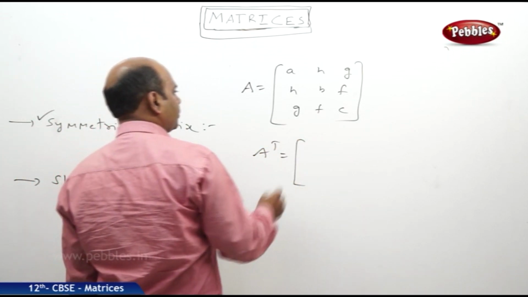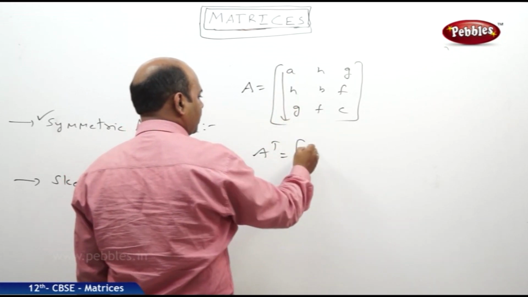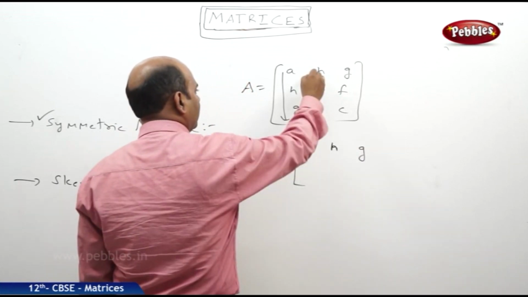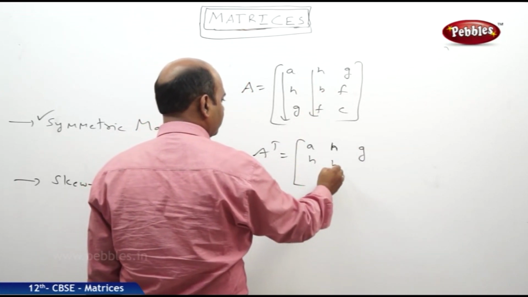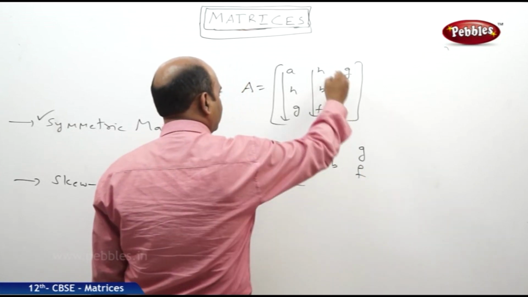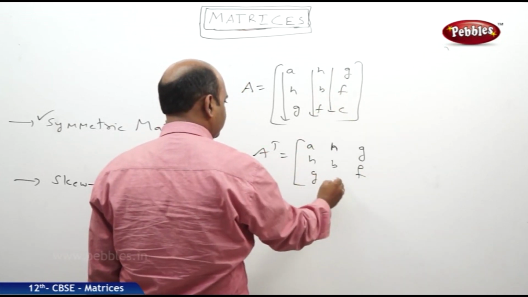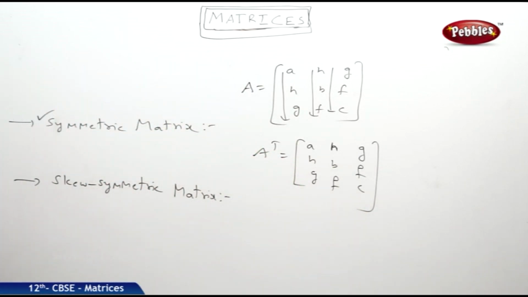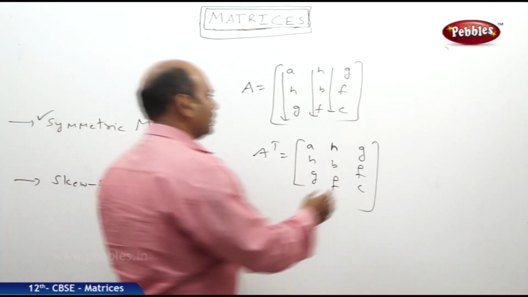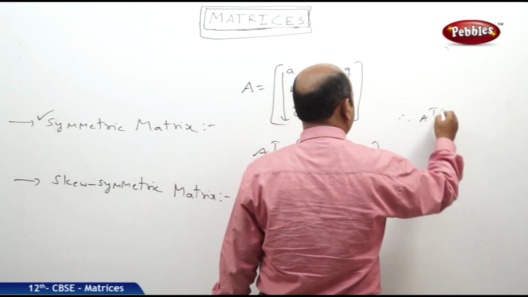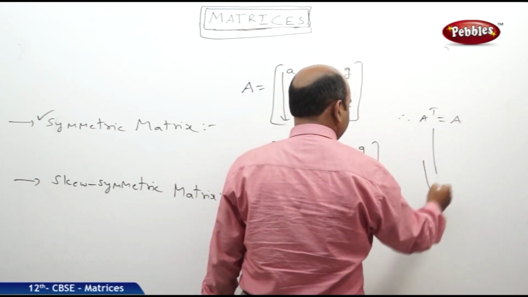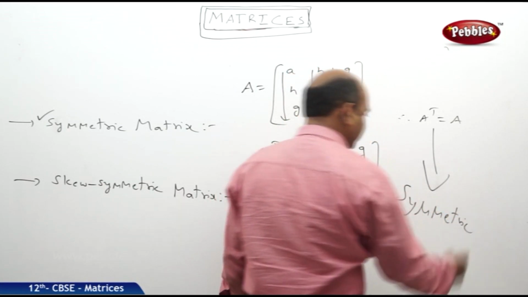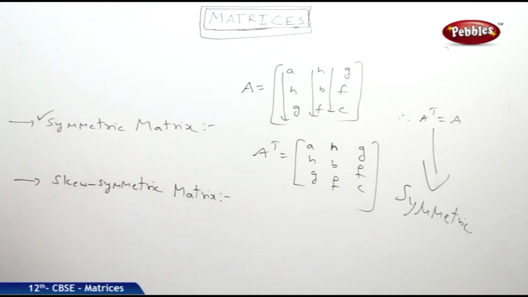If I find A transpose, the first column should change into a row, the second column also should change to a row, and the third column should also change to a row. There is no change in the matrix: A H G, H B F, G F C. Therefore, I can tell A transpose is equal to A, and this kind of matrix we call a symmetric matrix. I think it is clear.